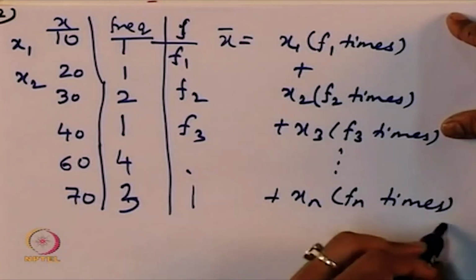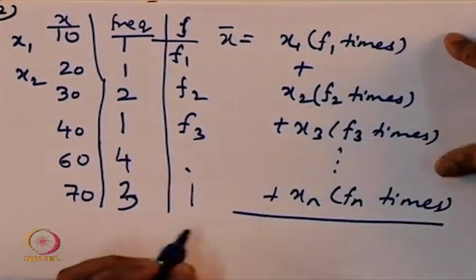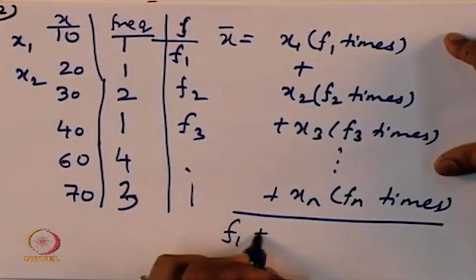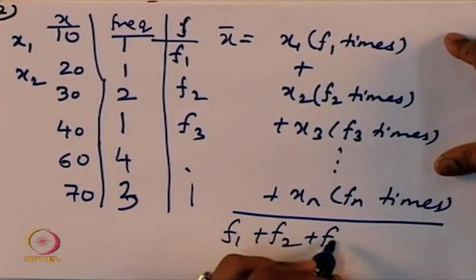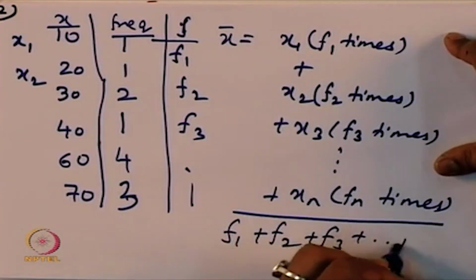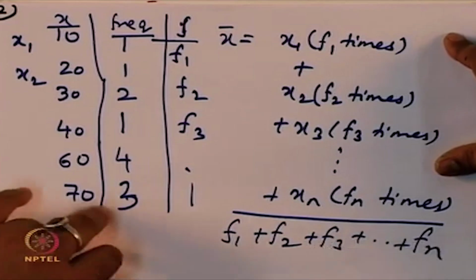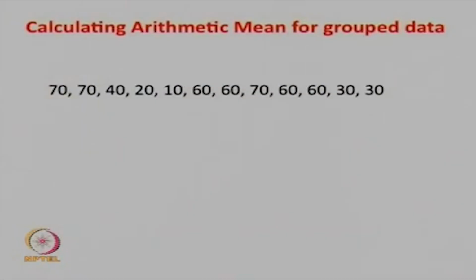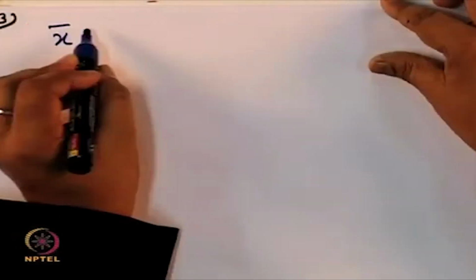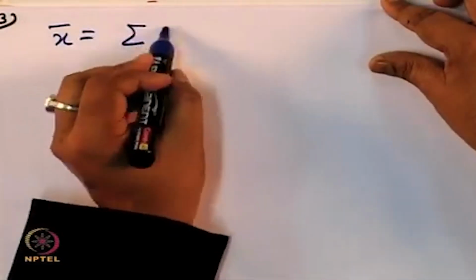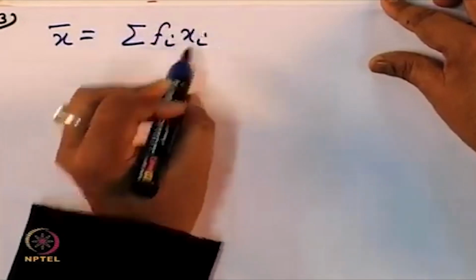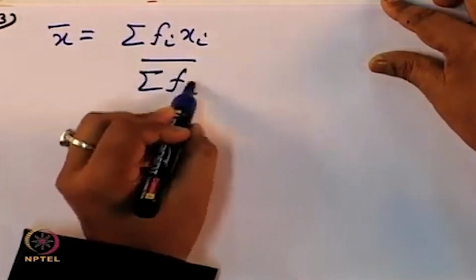And we want to divide by the total number of observations, which is f1 plus f2 plus f3 plus dot dot dot plus fn. So, the final expression becomes x bar is equal to summation fi into xi by summation fi.